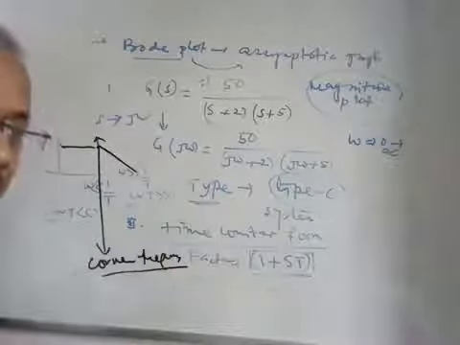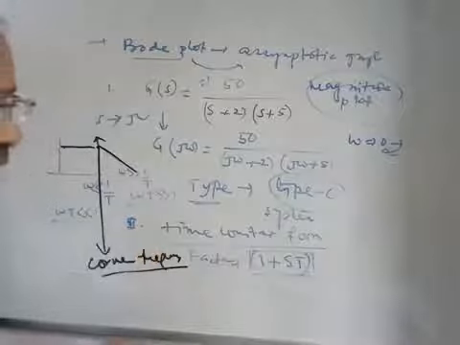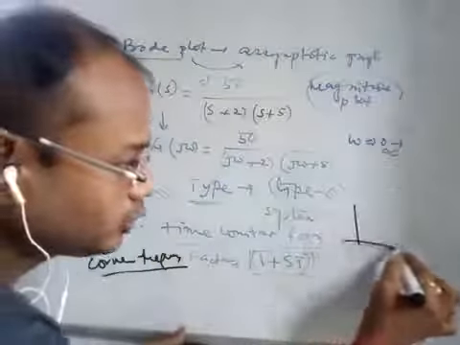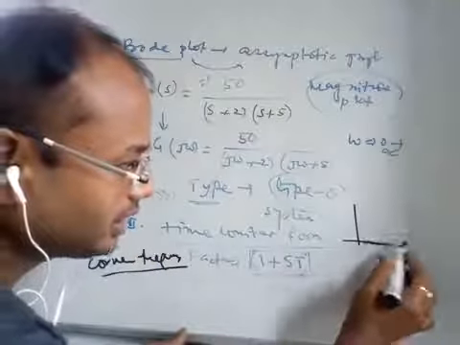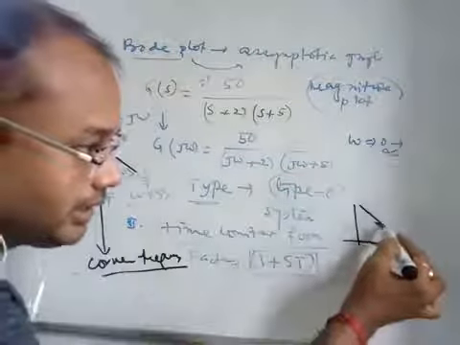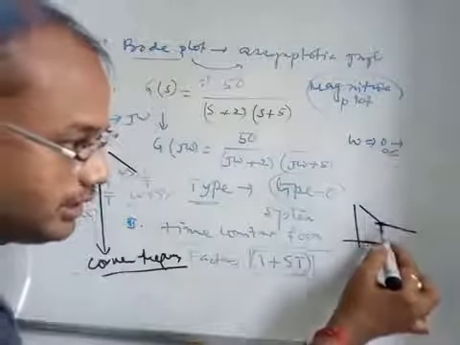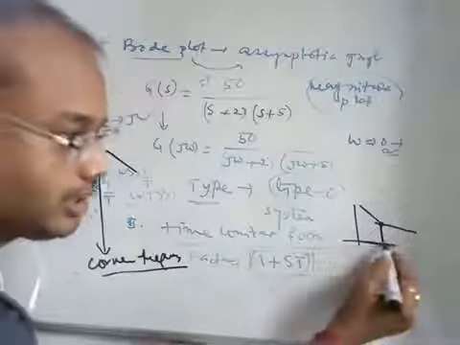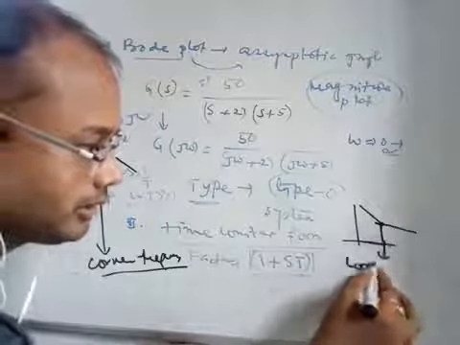That means it is the meeting point of the two slopes. Maybe the graph is like this: one straight line, and another straight line like this. This point is known as the corner point.